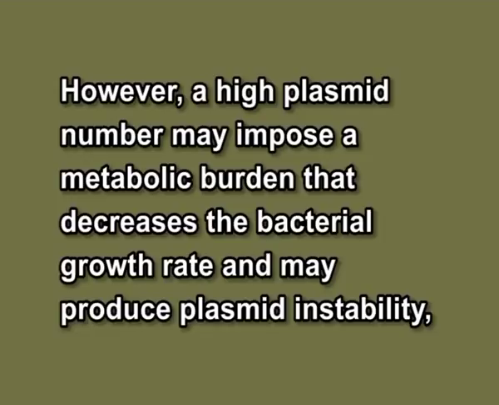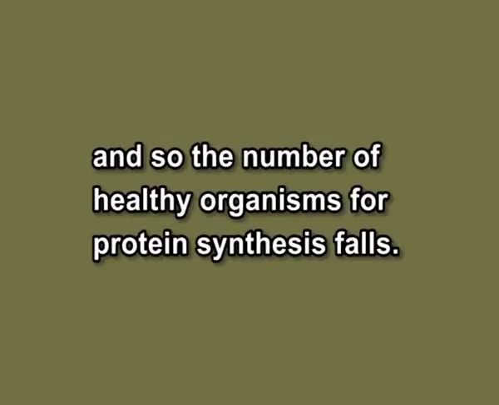It is logical to think that high plasmid dosage equals more recombinant protein yield, as many expression units reside in the cell. However, a high plasmid number may impose a metabolic burden that decreases the bacterial growth rate and may produce plasmid instability, and so the number of healthy organisms for protein synthesis falls.